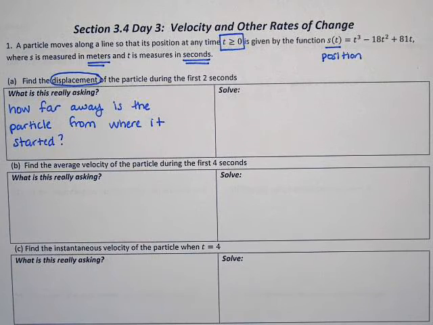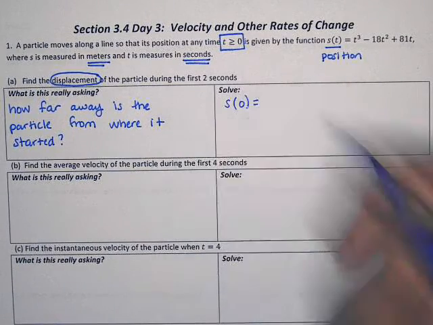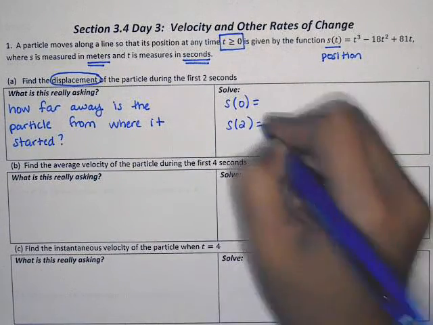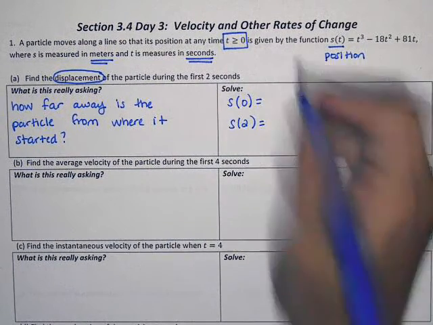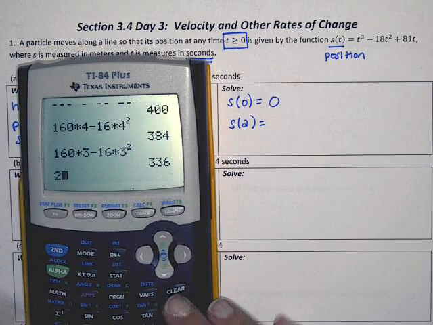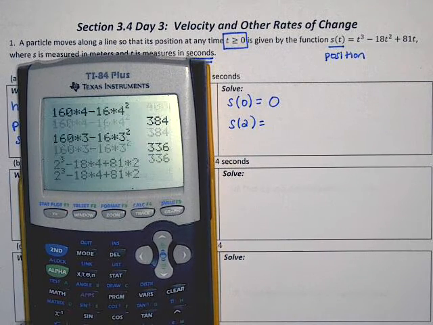So, to figure this out, we need to know the original position of the particle and the ending position of the particle. What I'm going to do is take those numbers and plug them into my position function. When I plug in 0, I get 0. When I plug in 2, I get 2 to the third power minus 18 times 4 plus 81 times 2, which is 98.